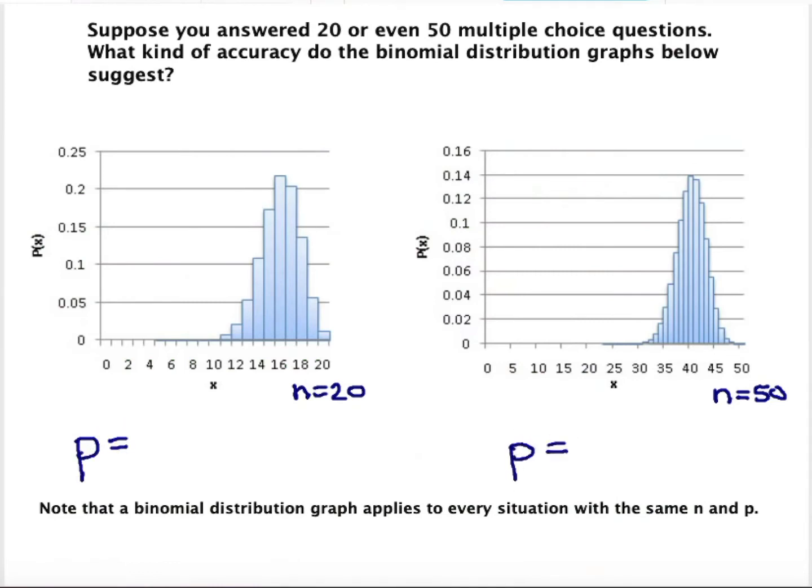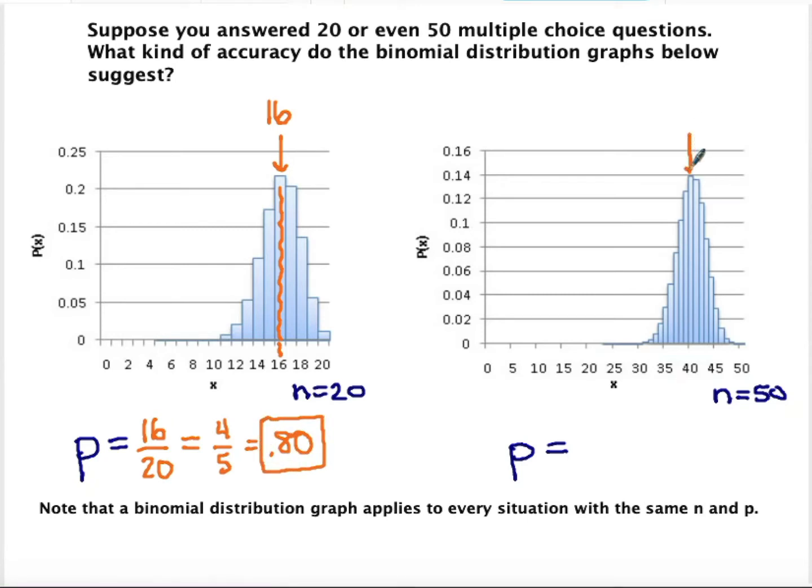And our clue comes in that expected value. For this graph, it looks like 16 was my expected value. So getting 16 out of 20 right was what I expected because my probability, my accuracy was 80%. I was guessing 80% of the questions correctly.